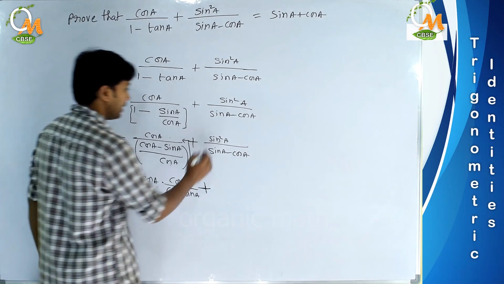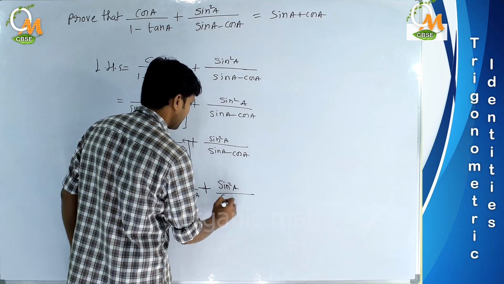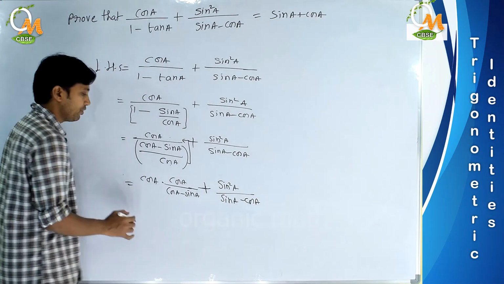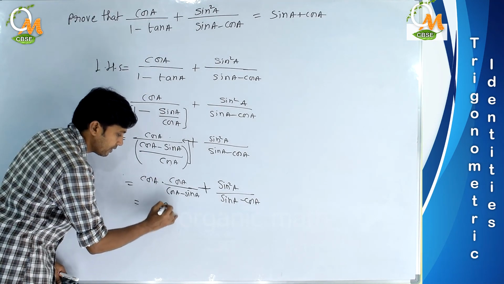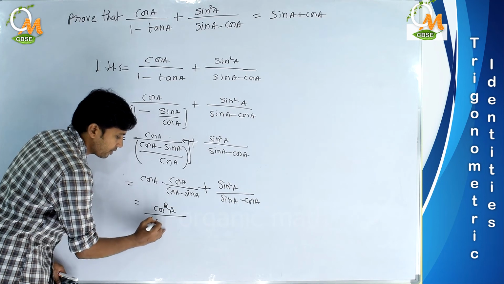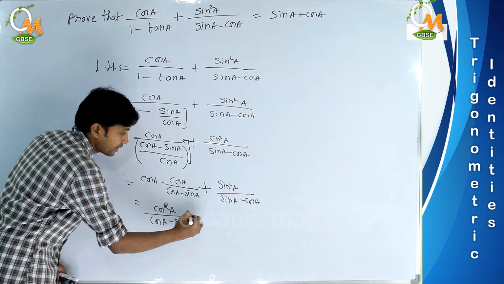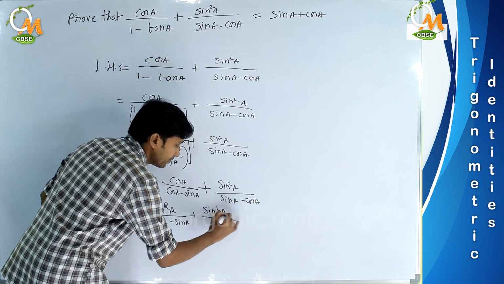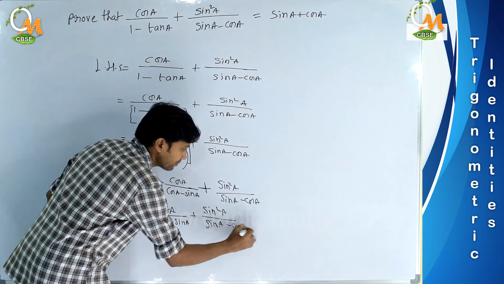And this is sin square a by sin a minus cos a, right? Now you tell me cos a into cos a, that would be your cos square a by cos a minus sin a plus sin square a by sin a minus cos a.